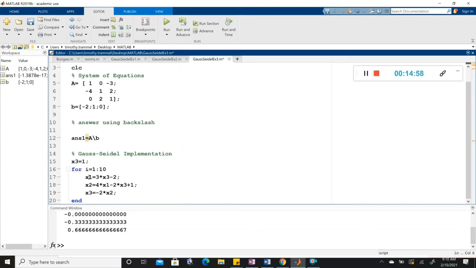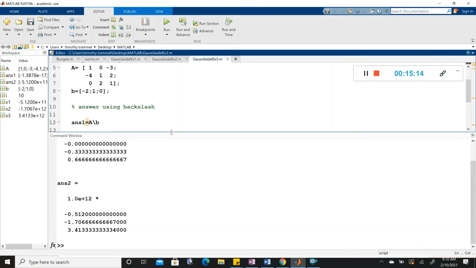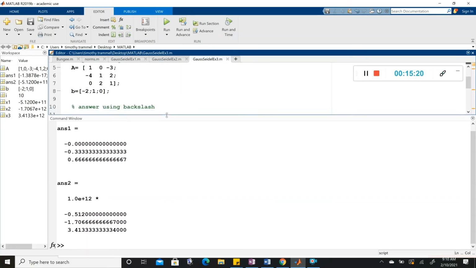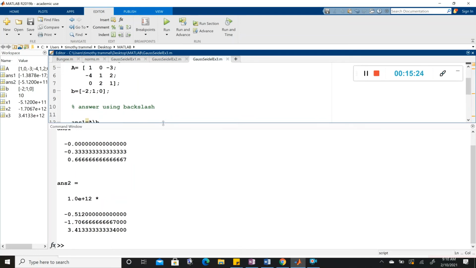Okay, let's go ahead and just set up our answer. Okay, so x1, x2, x3. And if we run, let's see what we get. Okay. Very different answers, right? The second one is times 10 to the 12 times those values. So yeah, these are way off.